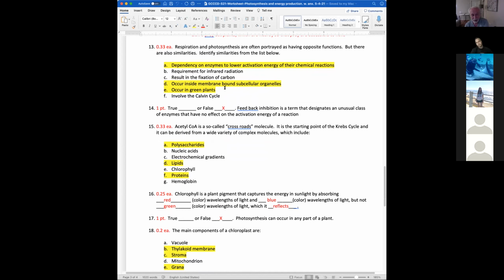But in a nutshell, green plants have mitochondria. So photosynthesis goes on in the chloroplast, and that's how plants make food. But respiration goes on in the mitochondria, and that's how plants use food. If plants only had chloroplasts and not mitochondria, they couldn't use the food that they themselves make. Yeah, so we'll talk about that a little later.